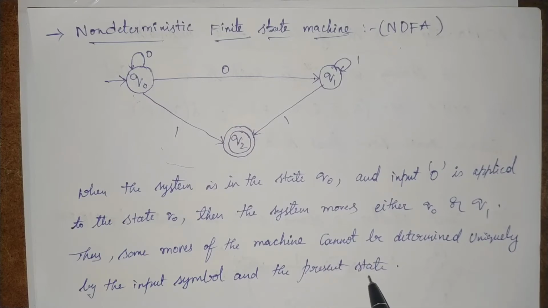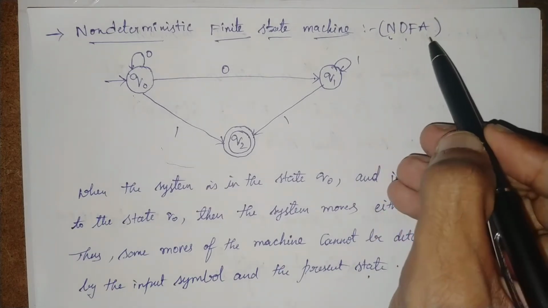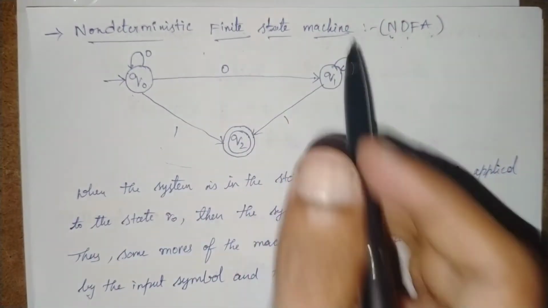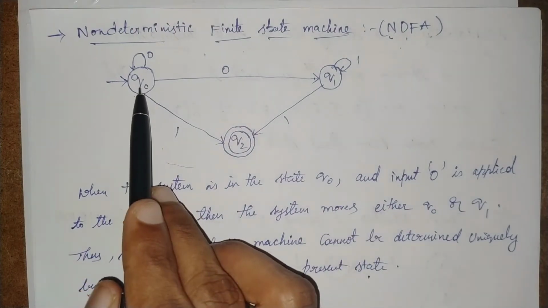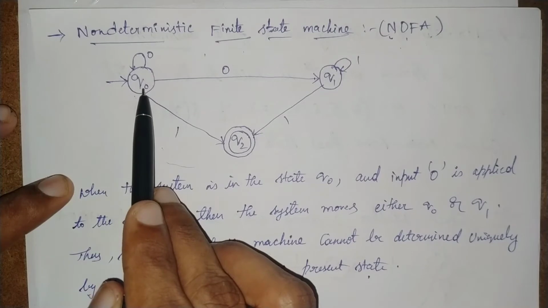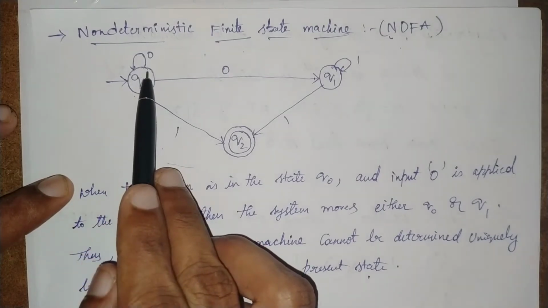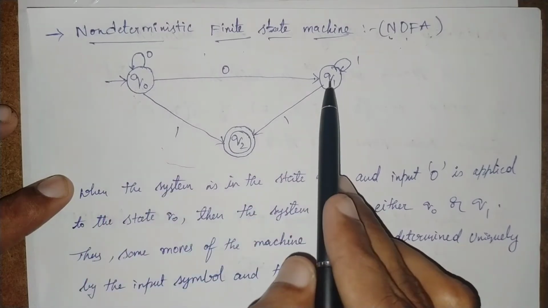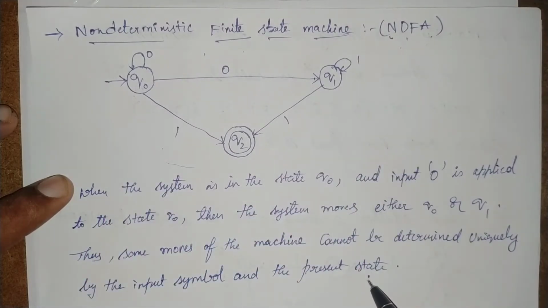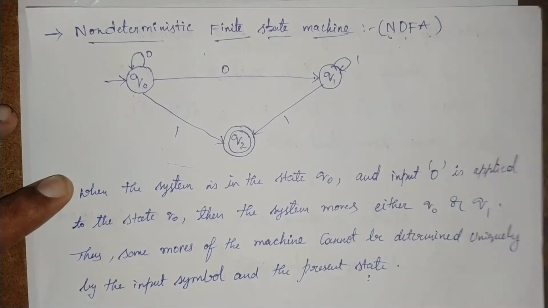So this type of system is known as a non-deterministic finite automaton. So here we observe when the system is in the state Q0 and input 0 is applied, then it moves to two states. So that is either Q0 or Q1. So this type of system is known as NDFA.